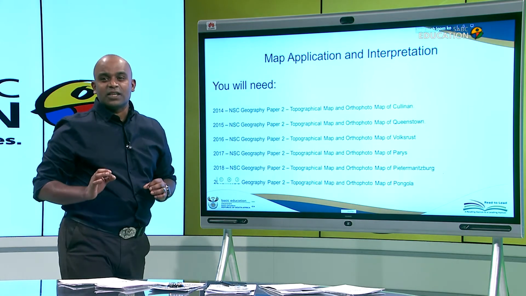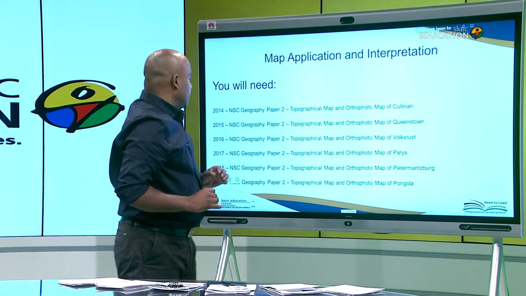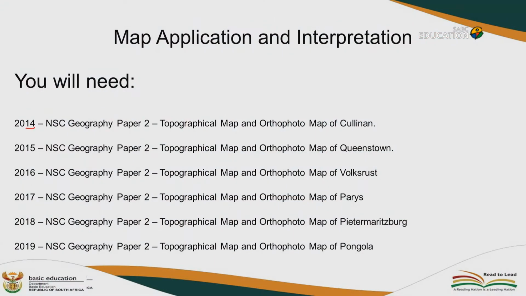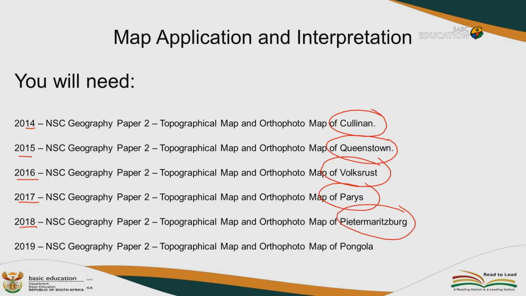For today's lesson, we'll be focusing on the 2014 November Geography Paper 2, which examined the topographical map of Cullinan, the 2015 November Paper 2, and the Queenstown map, the 2016 Geography Exam Paper 2, which examined the Falkirk map, the 2017 November Paper 2, Paris, the 2018 Pietermaritzburg, and the 2019, which examined Pongola.